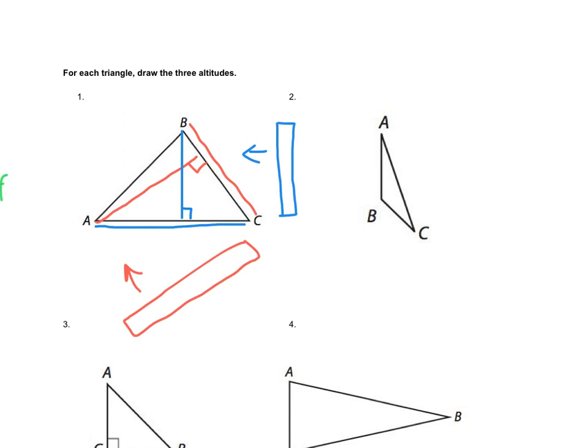And then our final color is green. For green, of course, we are going from our third point, which is C, and coming across to side AB. In this case our ruler needs to be coming this direction and sliding across.